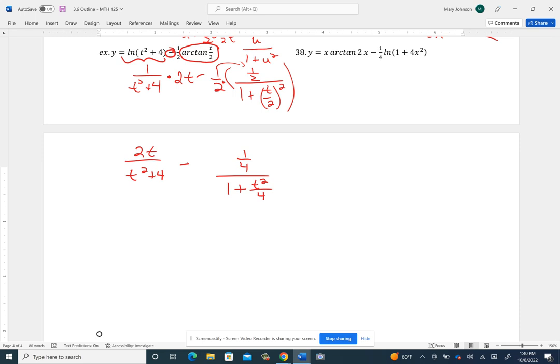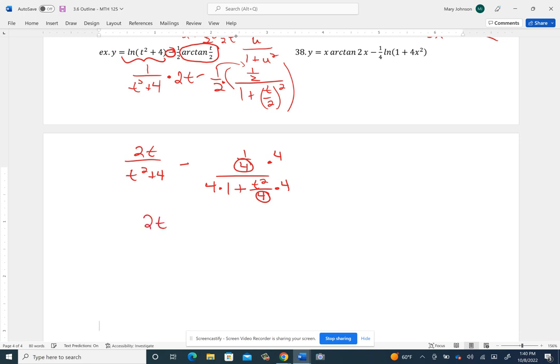So what I'm going to do is work on this second term to start with and clean it up a little bit by multiplying by 4 on top and bottom. And when I multiply by 4 here, it has 2 terms, so don't forget to distribute it to both terms.